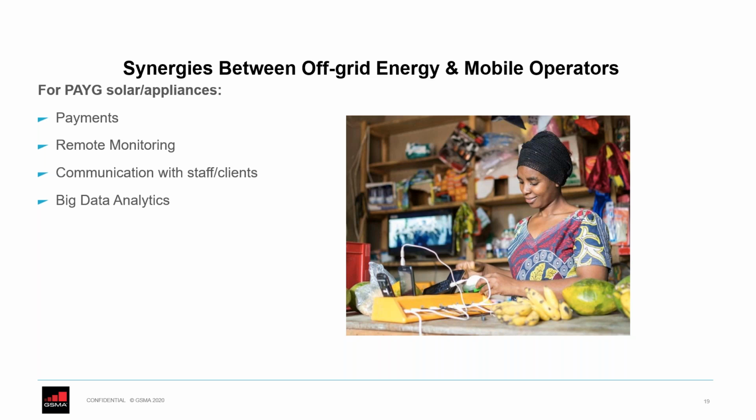I think the emerging area still is big data analytics. There's been a lot of excitement around this one for a long time, first for the reason of wanting to do credit scoring on customers. That has not been seen in practice as much as we would have liked, due to the complications around security concerns, and really understanding what the value is for a mobile operator given the risks.